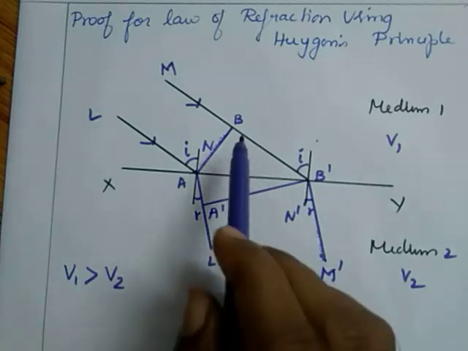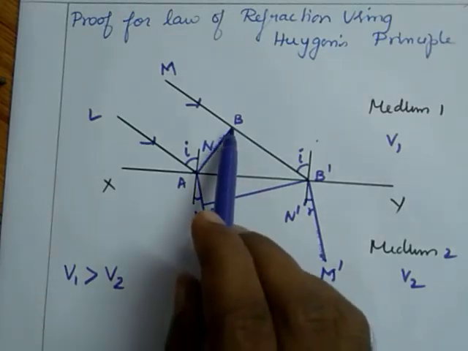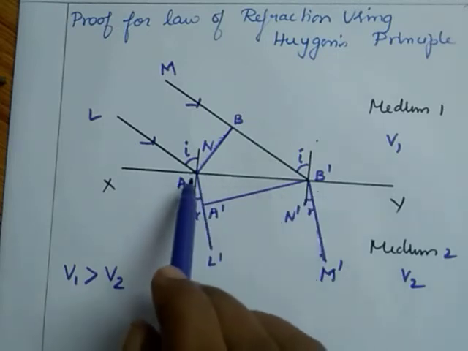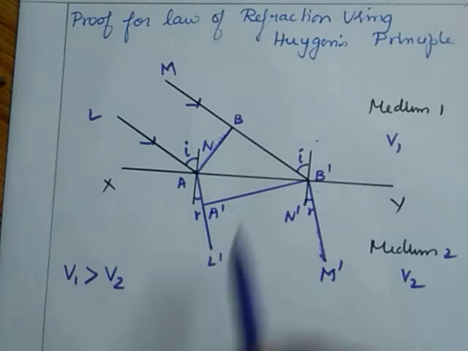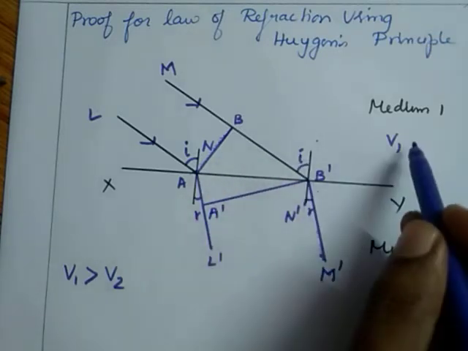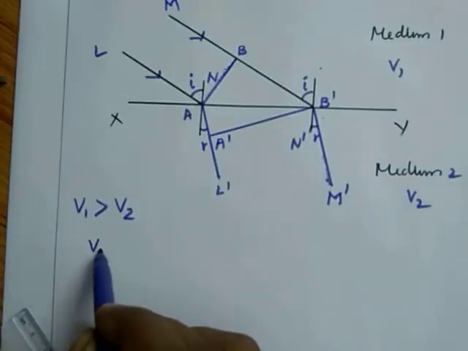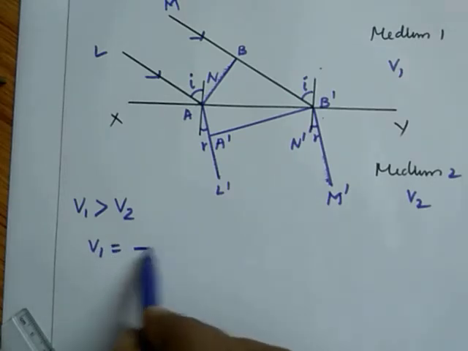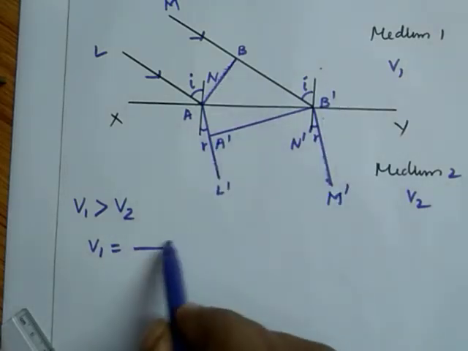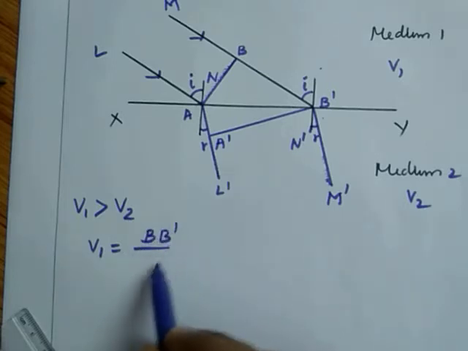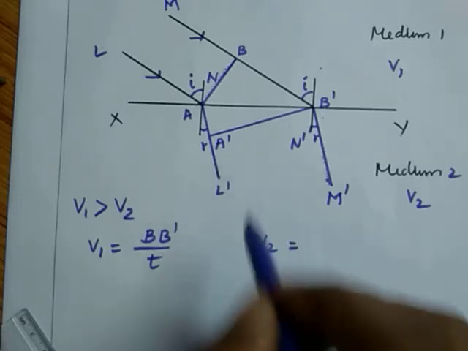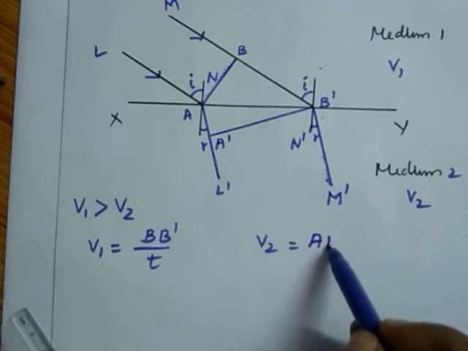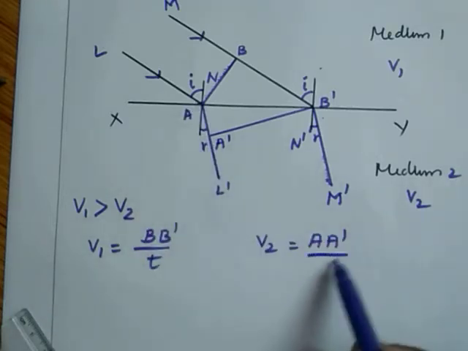The time taken by the wavefront from B to B' is equal to the time taken by the wavefront from A to A'. So V1 is equal to displacement by time. Here the displacement is BB', and the time is T. Then V2, in the denser medium: the distance is AA', the time is T.